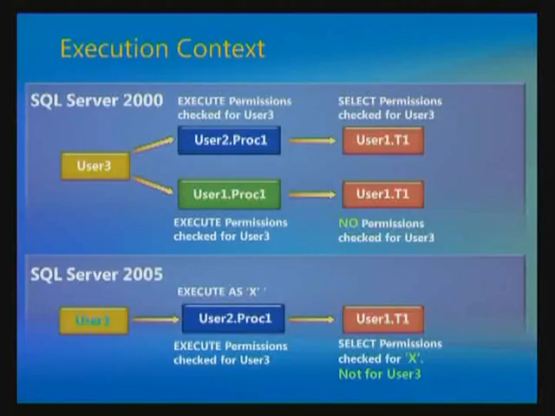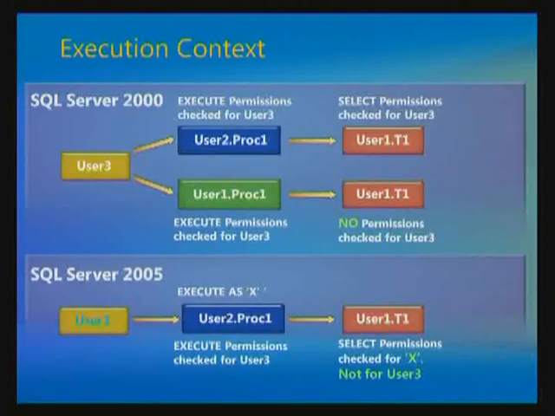So what's special about this as compared to what you were able to do in the past? Well, first thing is that the execution context is honored for all operations. It doesn't matter whether it's a stored procedure, as we've done here. There's also a standalone statement that you can execute at any time saying execute as and give some login or some user, depending whether you're executing at the server scope or the database scope. So you can issue that statement anytime and change your execution context.